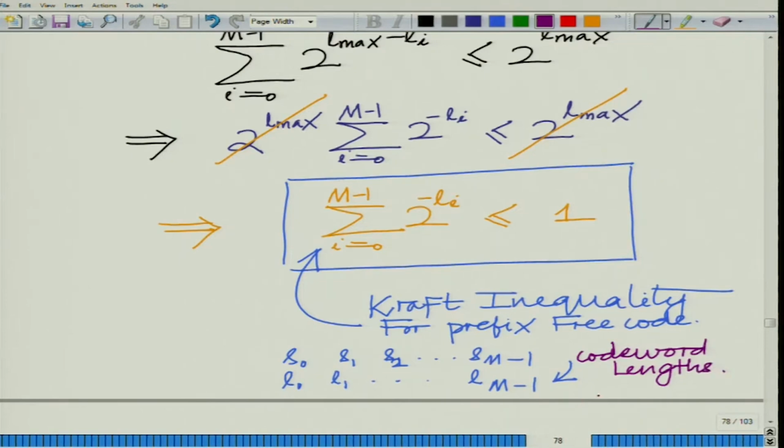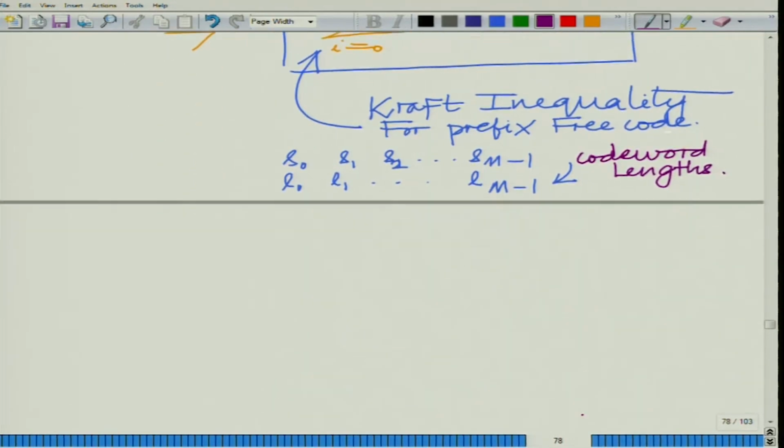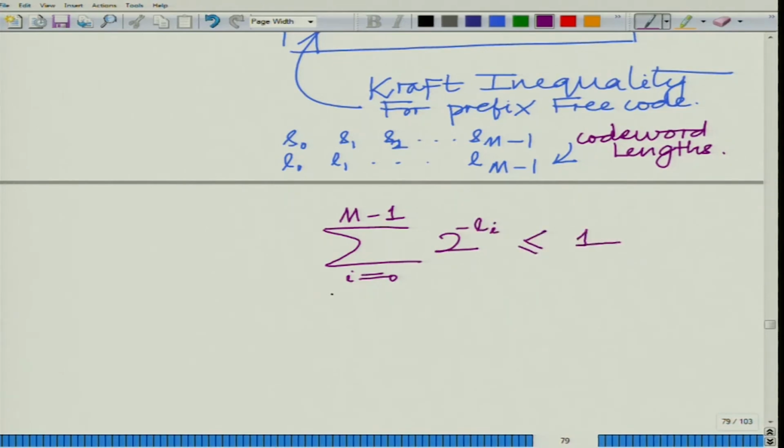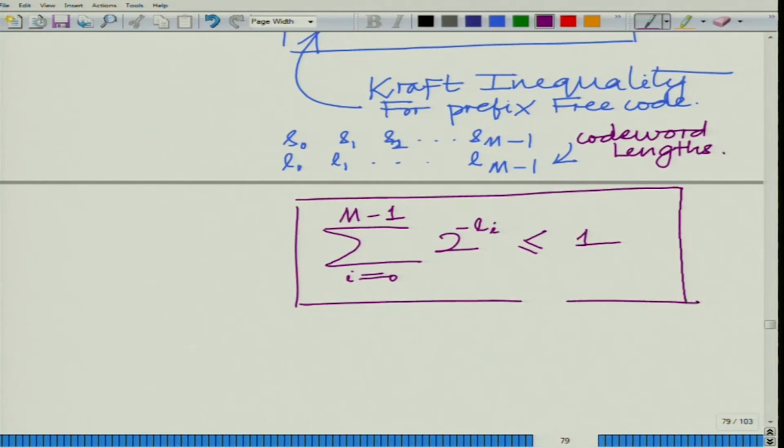So, with these code word lengths, the Kraft inequality tells me that for a prefix free code we have to satisfy summation i equal to 0 to m minus 1 of 2 to the power of minus Li less than or equal to 1. This is your Kraft inequality.